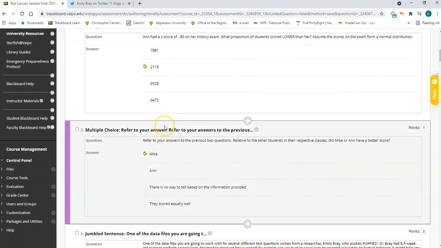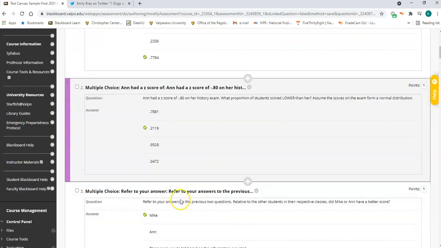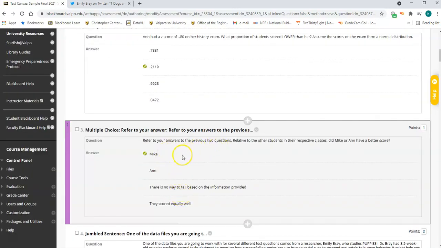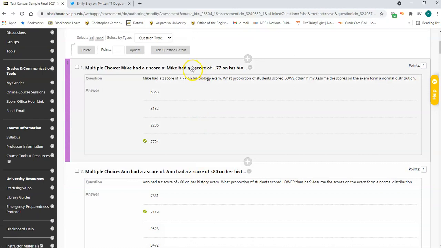Now, referring back to these two questions, this was Mike's score and this was Anne's score. Which one of them did better on the test relative to the other people who took their respective tests, so who had a better score? Well, the easiest way to answer that is the positive z-score is going to be better than the negative z-score.